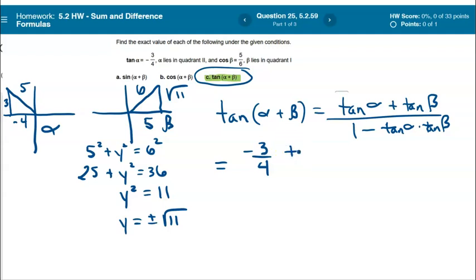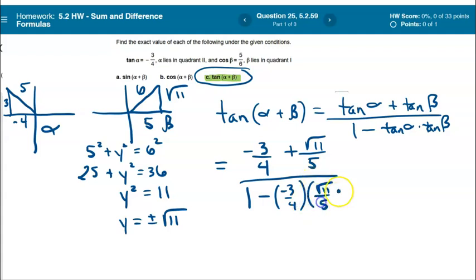Now that value was not given, so again that's opposite over adjacent, so that's going to be square root of 11 over 5, okay? And then divided by 1 minus tangent of alpha, which is still -3/4, times tangent of beta, which is square root of 11 over 5. I'm going to work to the right.